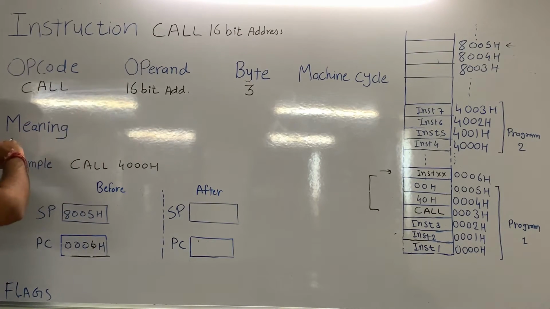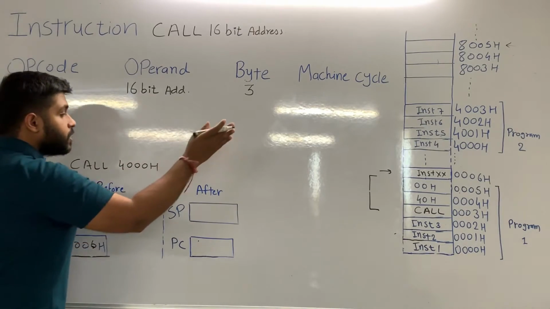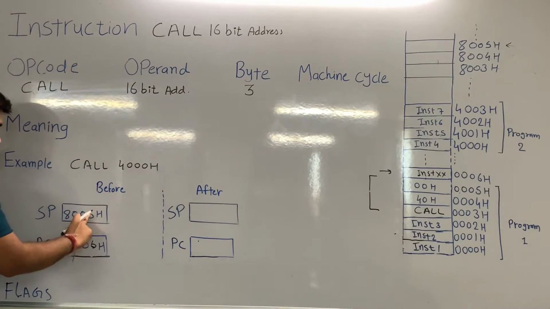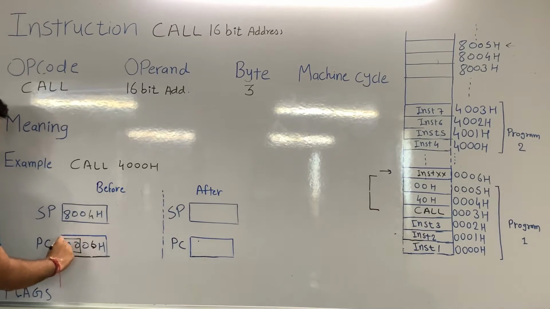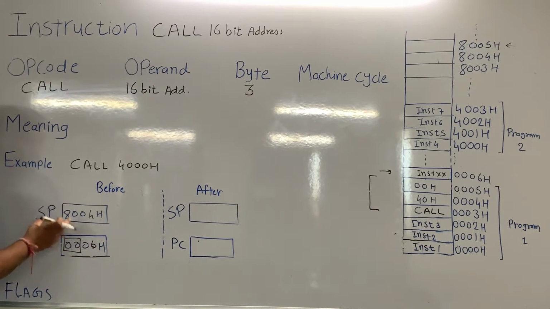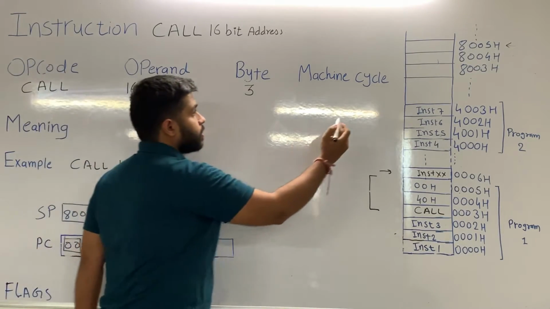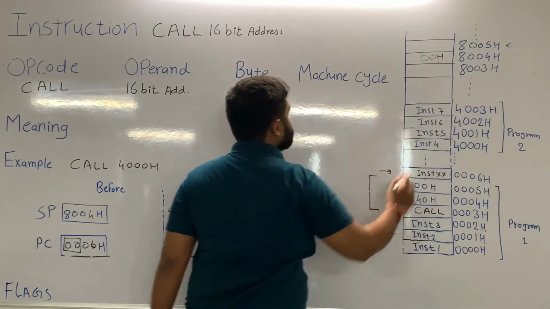So right now the stack pointer is pointing at 8005H. The microprocessor will first decrement the value of the stack pointer by 1. After decrementing, the microprocessor will store the higher byte of the program counter in the stack. So 00H will be stored.